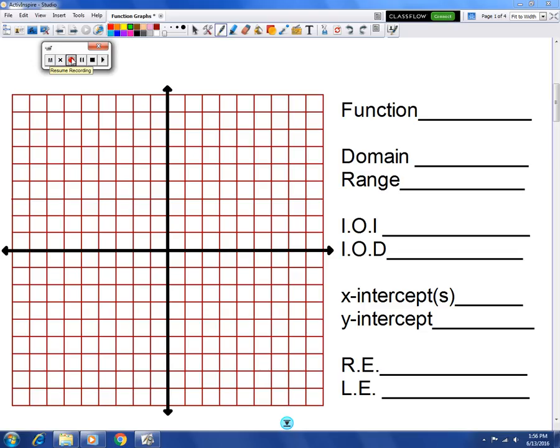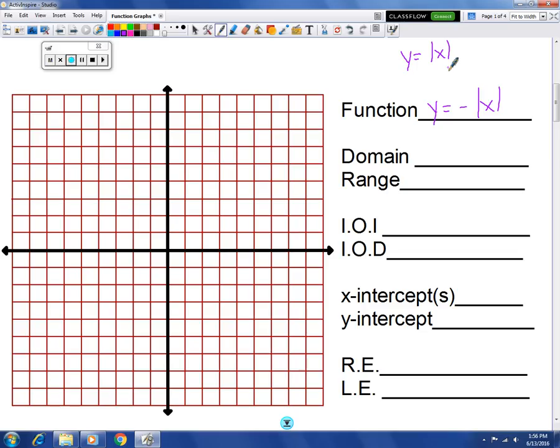Okay, the next function I want to graph is y equals negative absolute value of x. Y equals negative absolute value of x will be a reflection of positive absolute value of x across the x-axis.